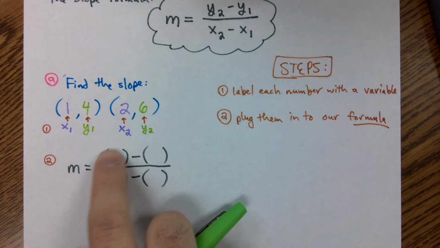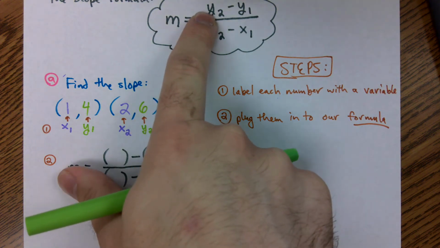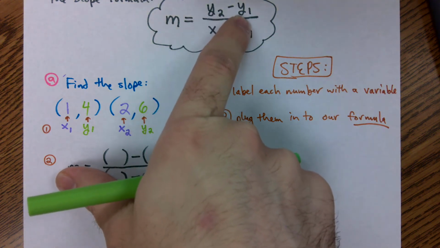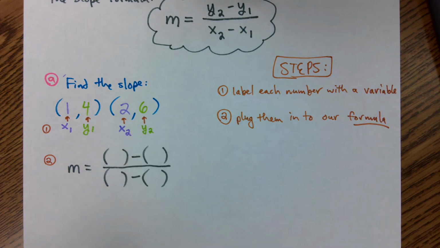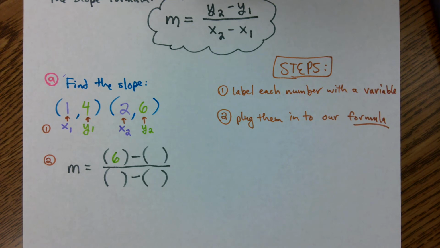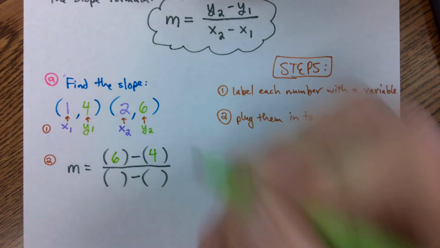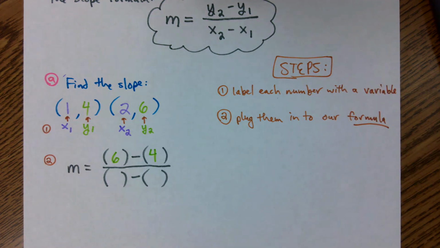What's this first variable here? y2, right? It's y2 in front minus y1. y2 is 6. And y1 is 4. Put them inside your parentheses just like that.